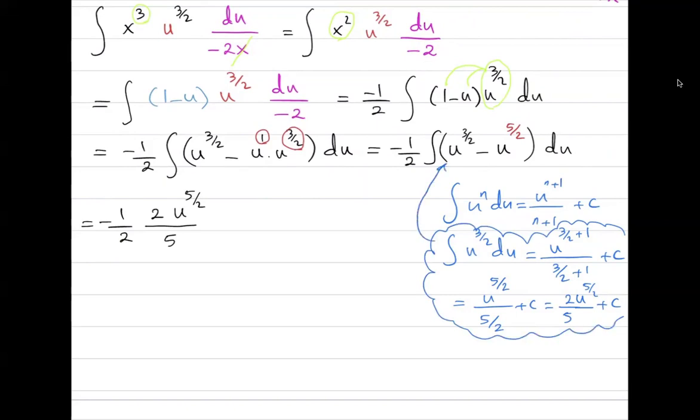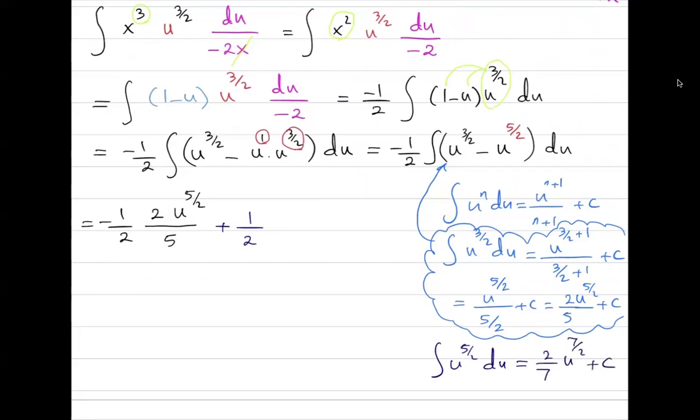The second integral, with the same process and the same argument, can be written as negative 1 half, and you have a negative sign, so you get plus 1 half, and u to power 5 over 2. The integral of u to power 5 over 2 du is equal to, if you add 1, you get 7 divided by 2, 2 over 7, u to power 7 over 2 plus c.